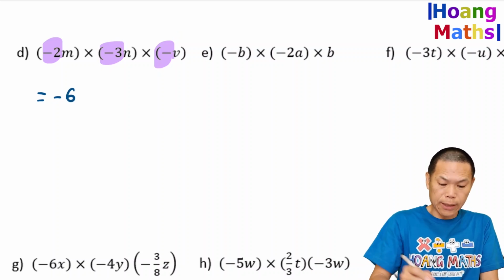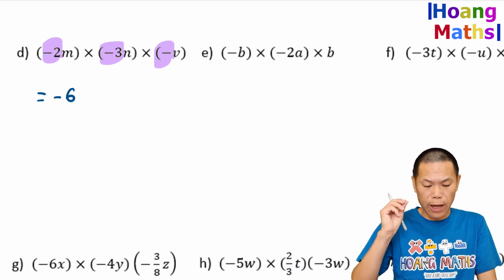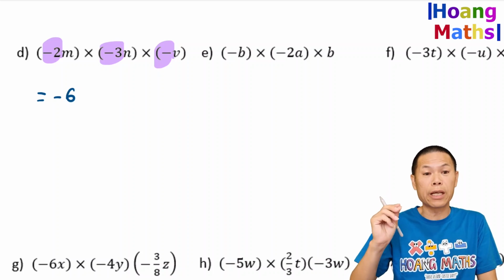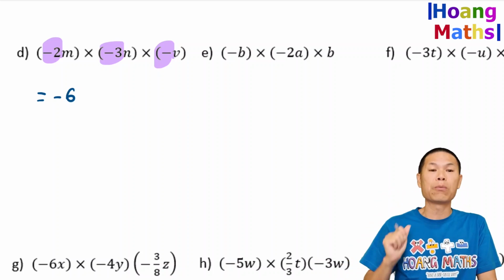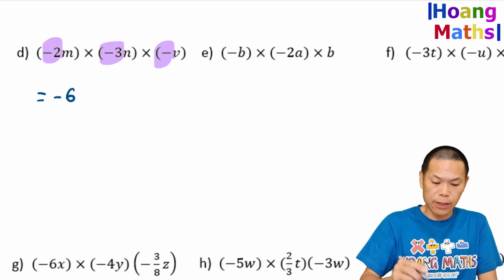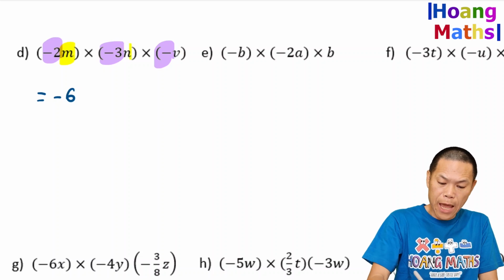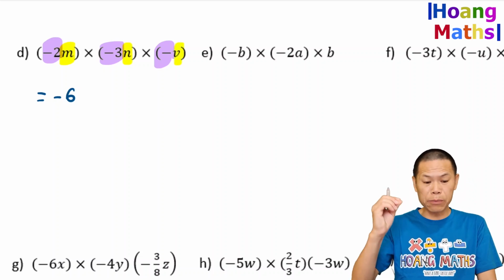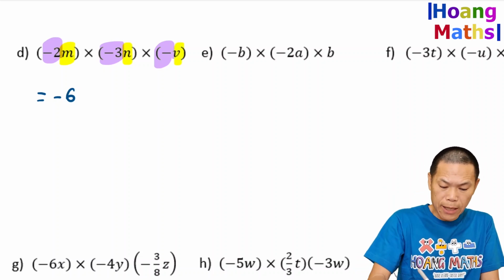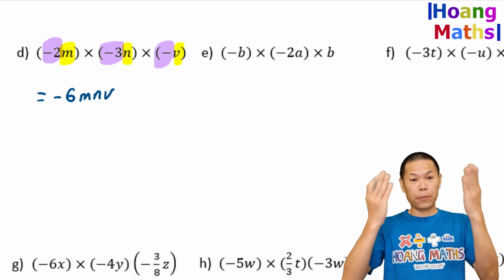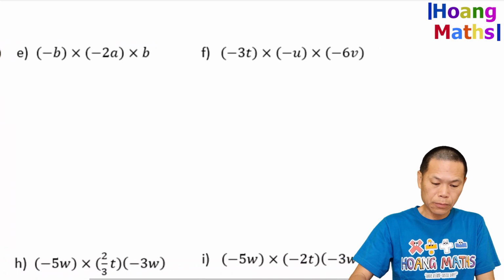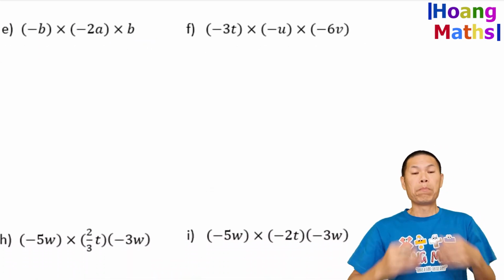Otherwise, you can just use a calculator: negative 2 times negative 3 times negative 1. So your answer is negative 6. And now we're dealing with letters: M, N, B. We times them together, and that gives us MNB. There you go.